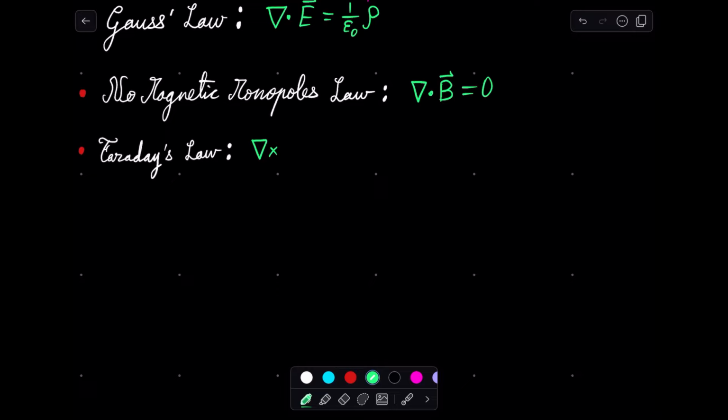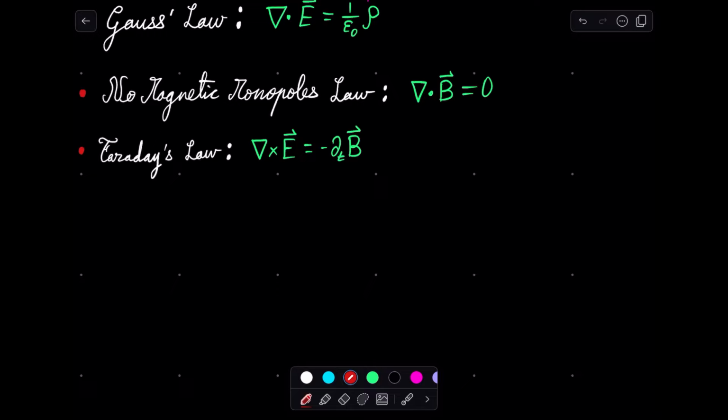That law is that the curl of the electric field is equal to the negative partial derivative with respect to time. My notation here is that the partial with respect to time is just the partial subscript t. So the curl of the electric field is equal to the negative time derivative of the magnetic field.